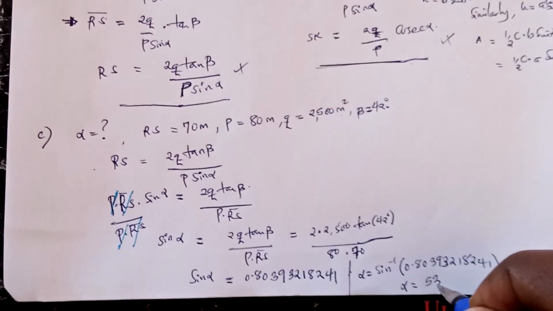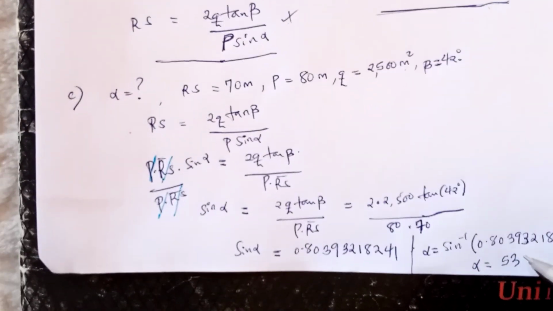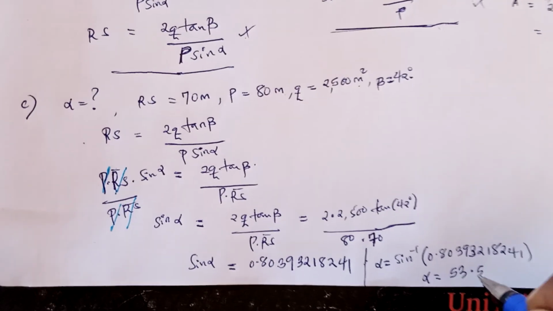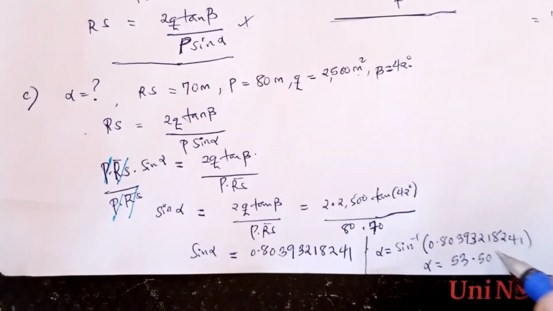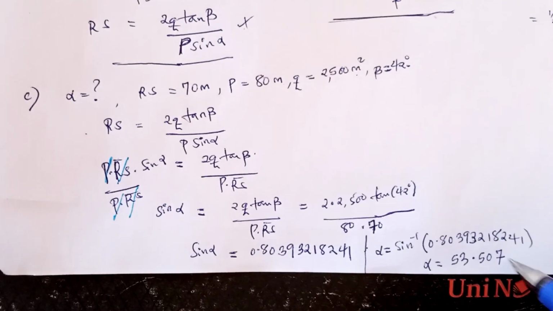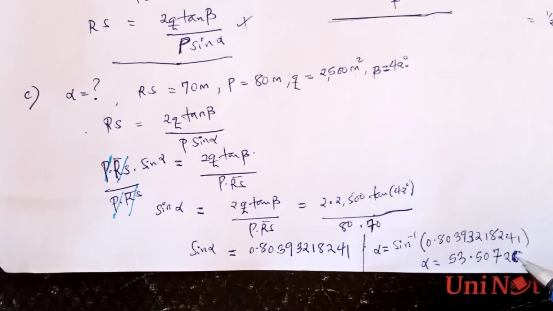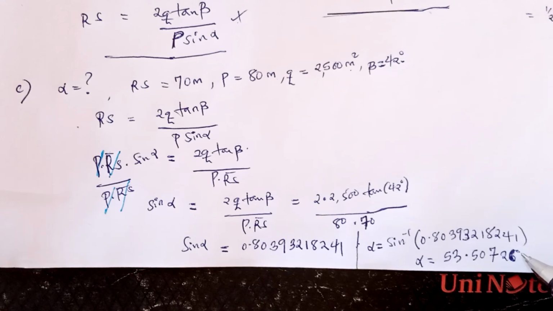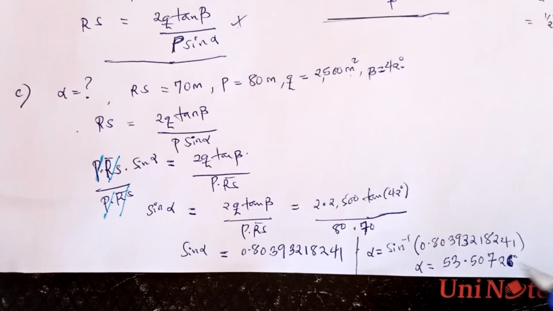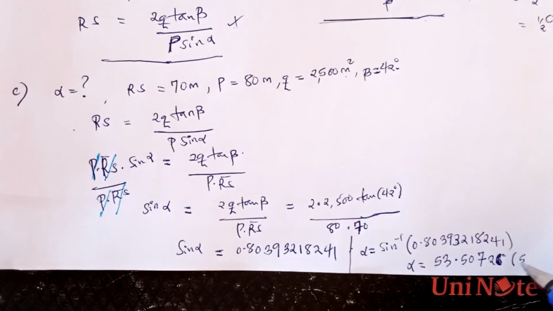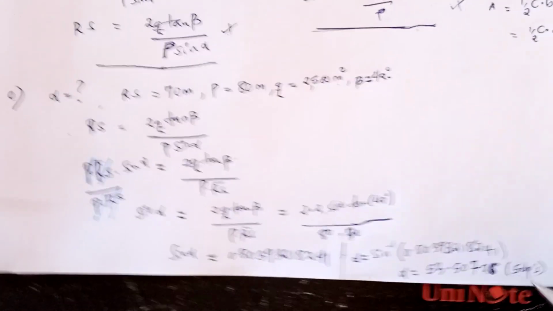So our alpha is, if you have a good calculator, you should be able to get this. This is 6 degrees, and this is 5 decimal places.